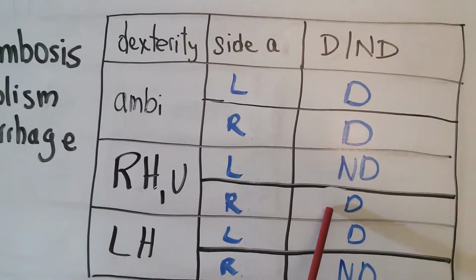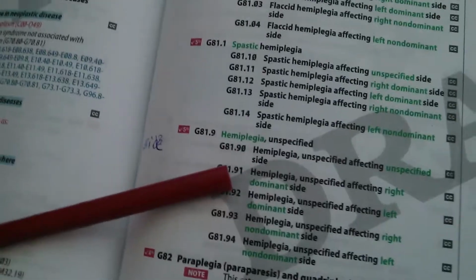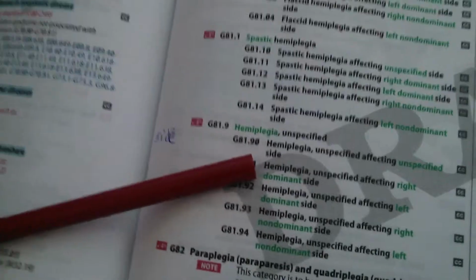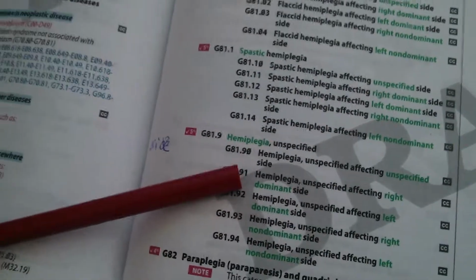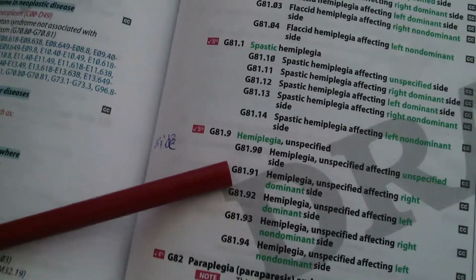So that table tells us that we have to use the right dominant. And if we go there, can you point where we are using that? Here we go. There we are. Right dominant. It says right there. That's where we have the code G81.91.